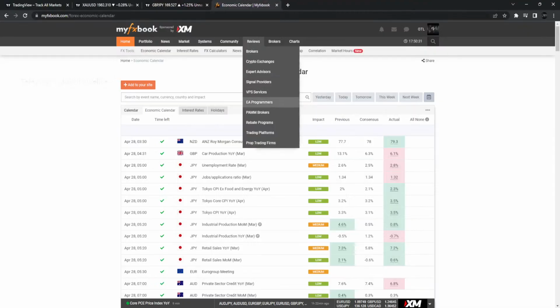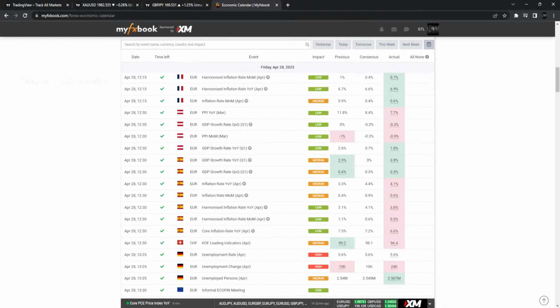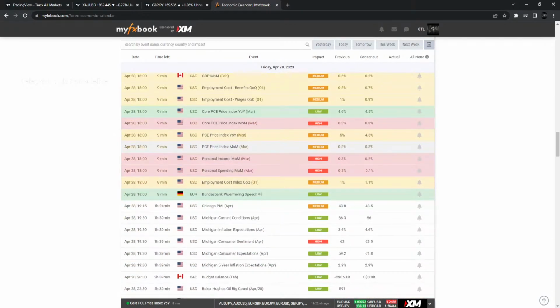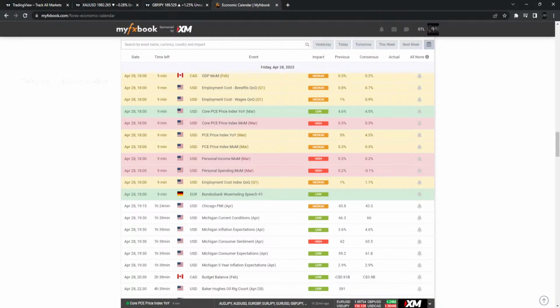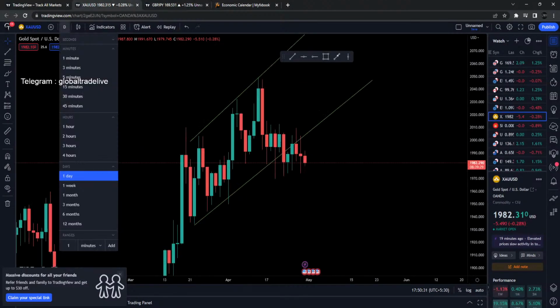If we look at the news over here, we can see that in 10 minutes there will be some high-impact news coming in for the US dollar, and I think that news can make some impact on the market. So let's just stay out of the market for the next 10 to 20 minutes at least, so that the news comes in and passes away, and we can have a clear entry.